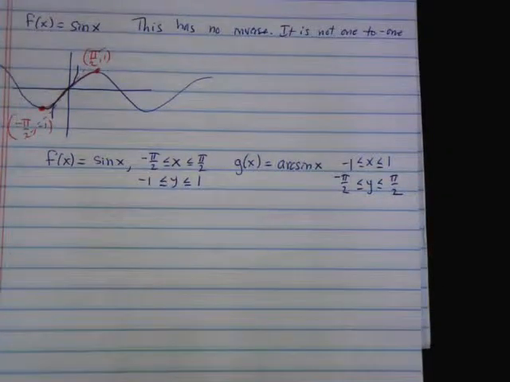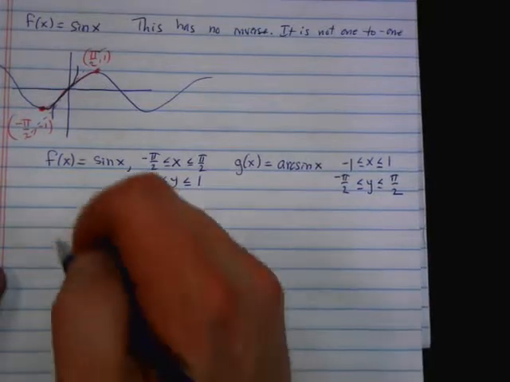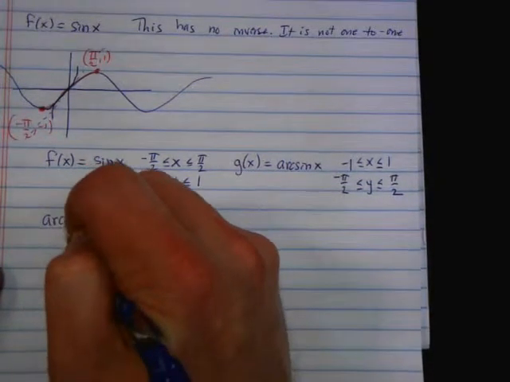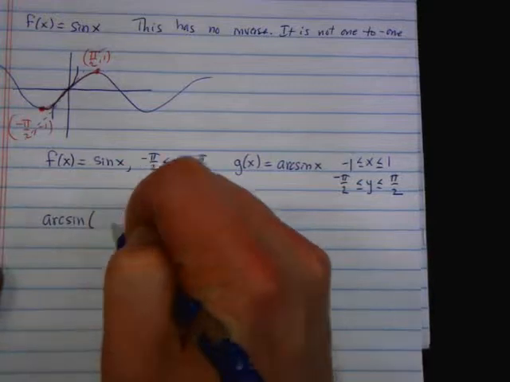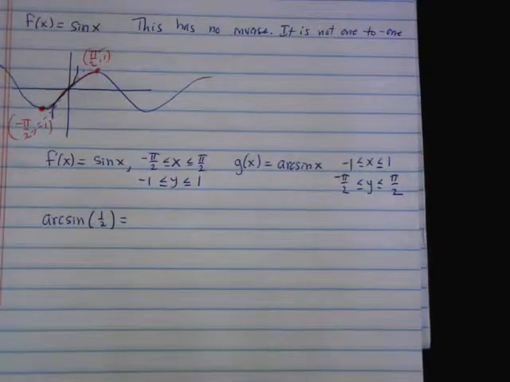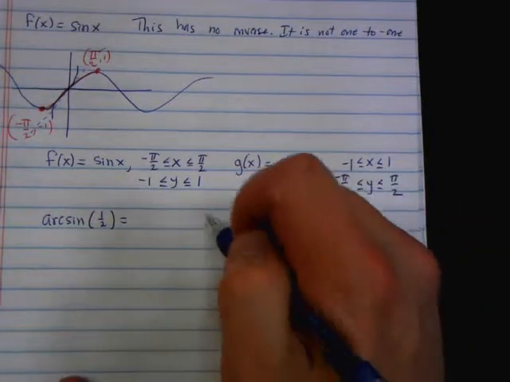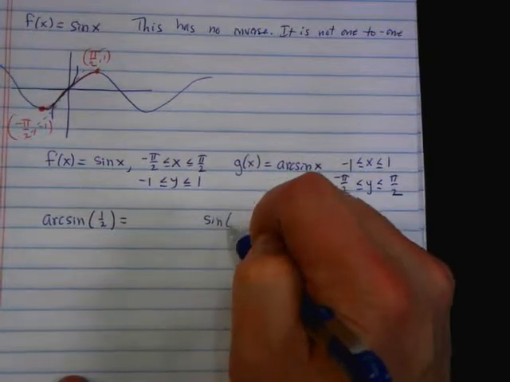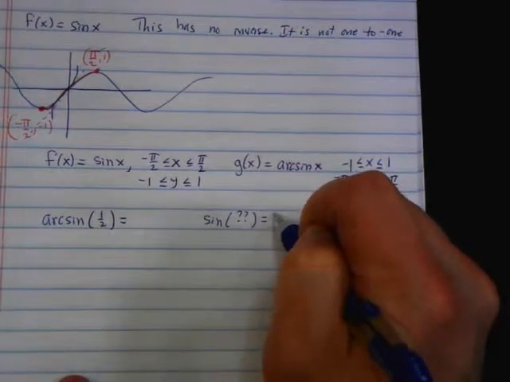All right, so the first kind of questions I'm going to ask you. What's the arc sine of 1/2? That's exactly the same question as asking you sine of what gives you 1/2.